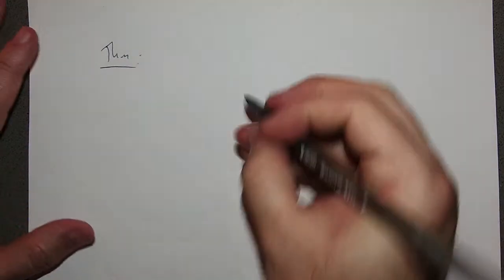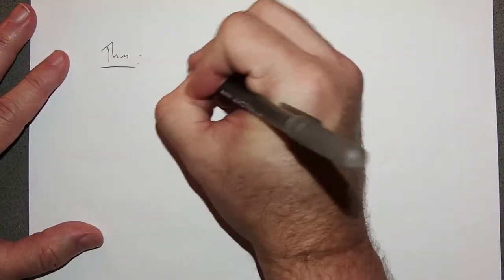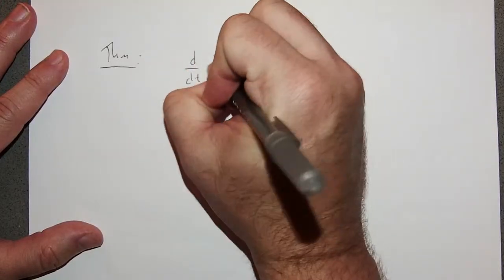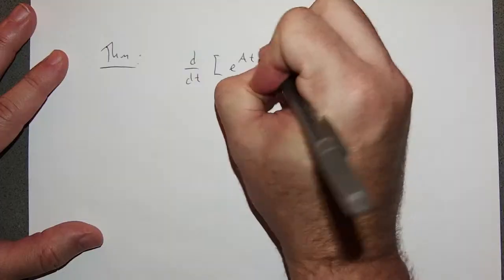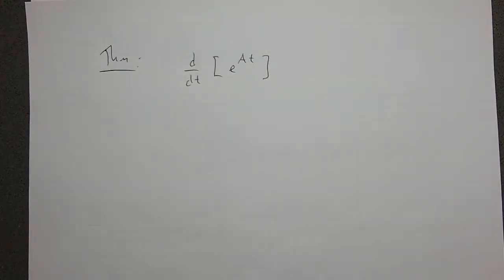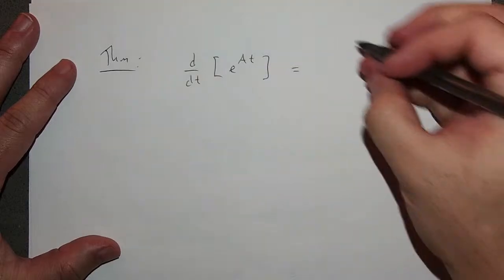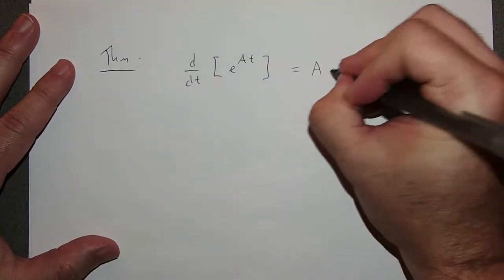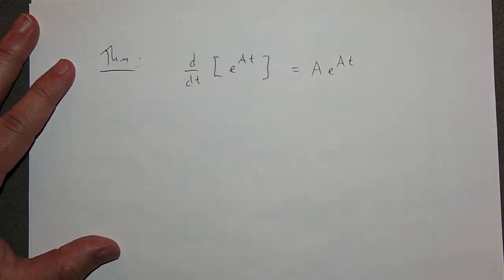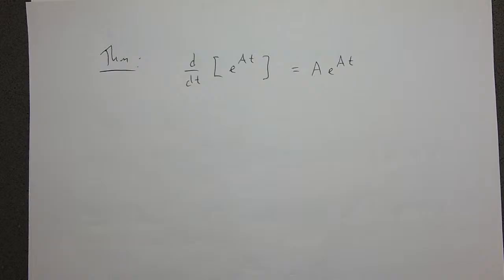If we, for instance, try to take the derivative with respect to t of e to the At, what do I get? This is A e to the At.